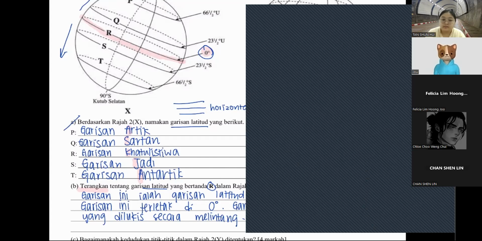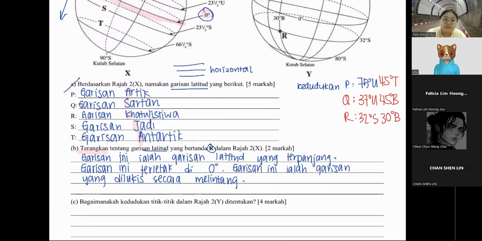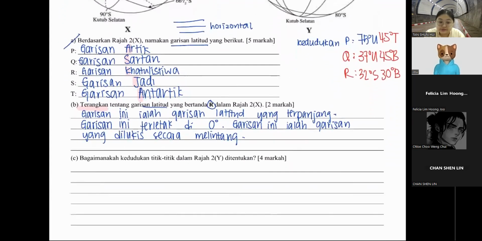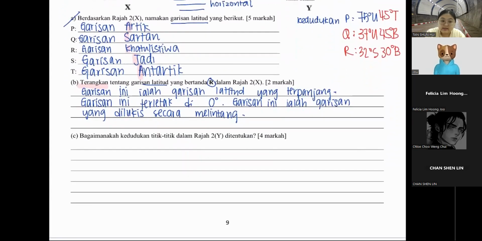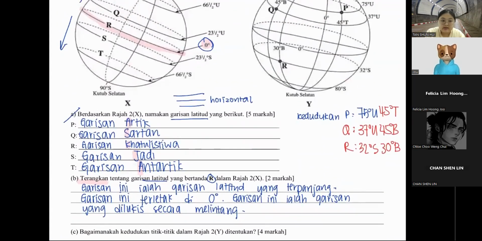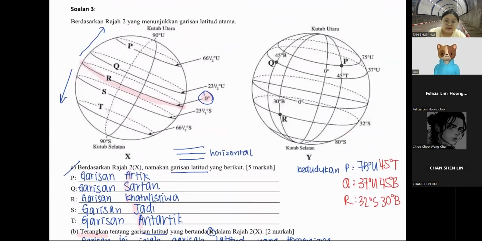Now, this is your chapter 2, normally the things that they like to ask you. Just a recap. You have horizontal lines, then definitely you have vertical lines. And the vertical line, we call it what? The vertical one, we call it longitude.